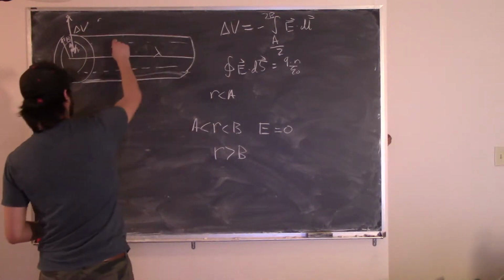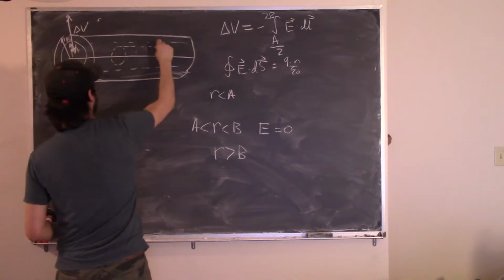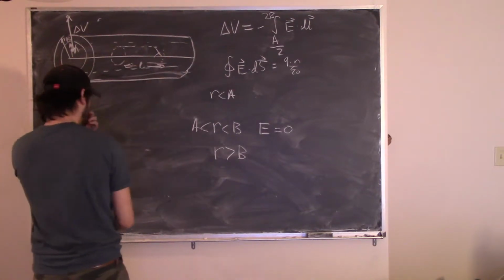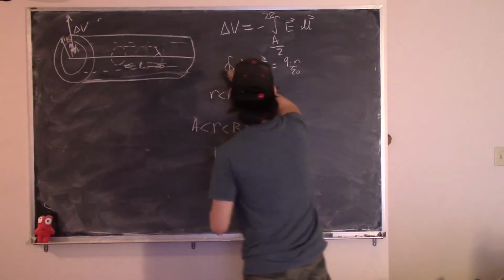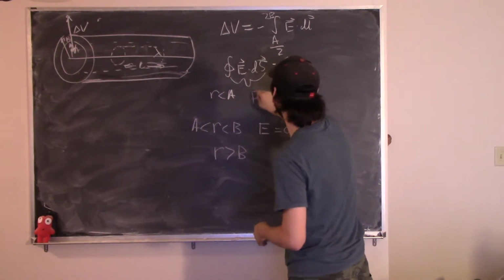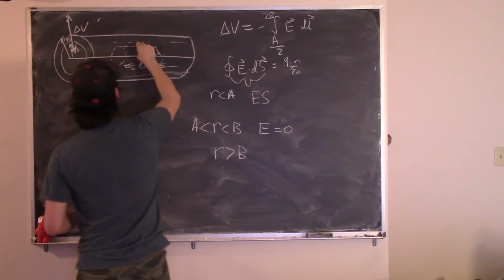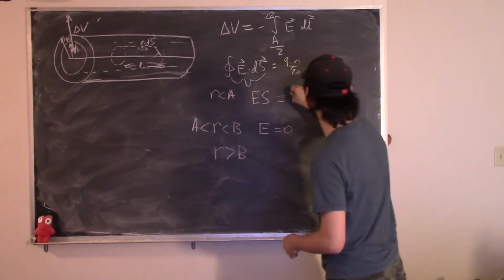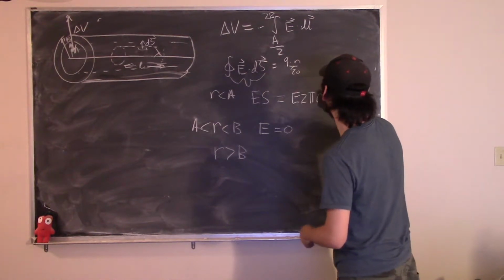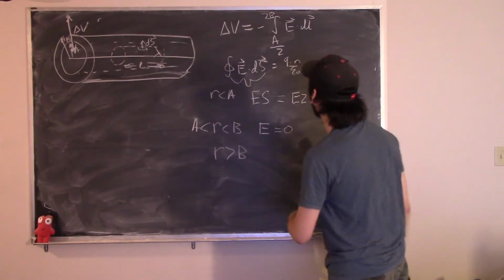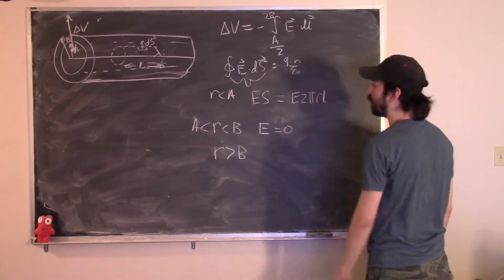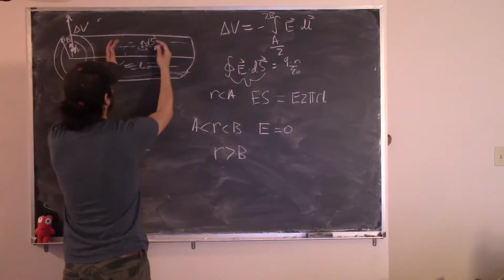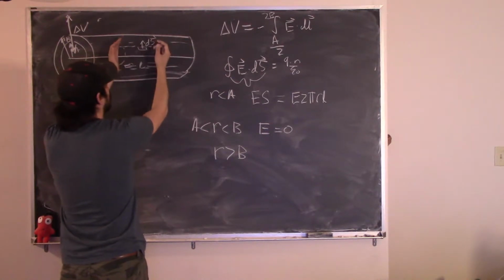In order to do that, we can draw some Gaussian surface, and give this Gaussian surface some length of L. When we evaluate Gauss's law here, the left-hand side is just going to be E times S. This S is the surface area of the outside of the cylinder, so this is E times 2 pi R times L. The right-hand side is going to be Q in divided by epsilon naught. But Q in is just the total charge inside the Gaussian cylinder that I drew here.